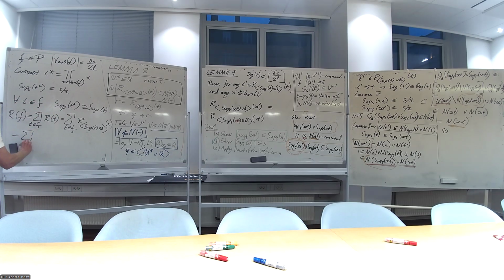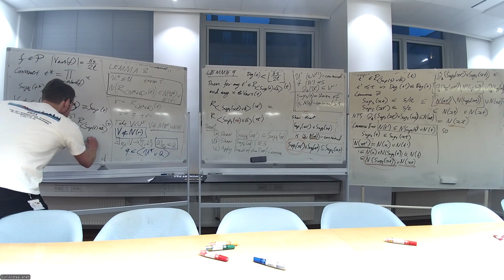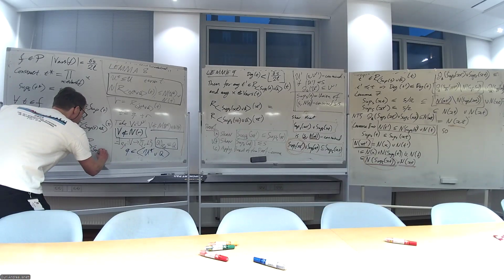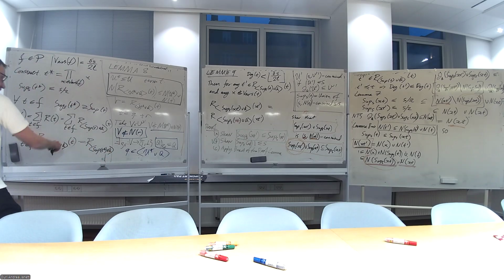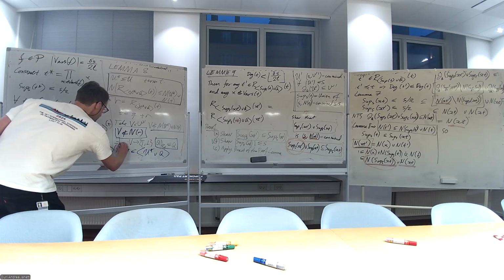So actually, I'm going to be able to write this as reduction modulo the support of T star union Q of T. Okay, and now by linearity, this means that this will be the reduction modulo the support of T star union Q of the sum of all of these guys, also known as the axiom F.